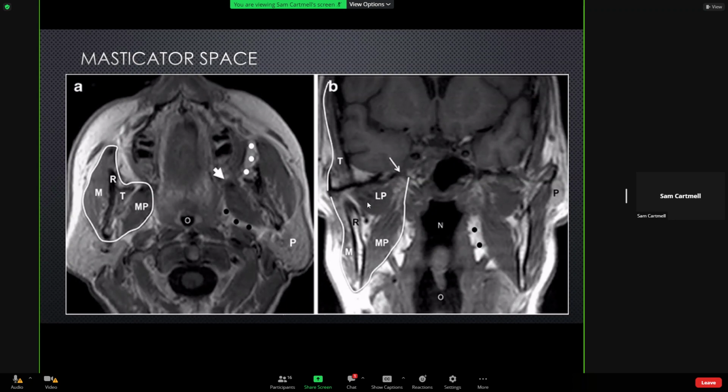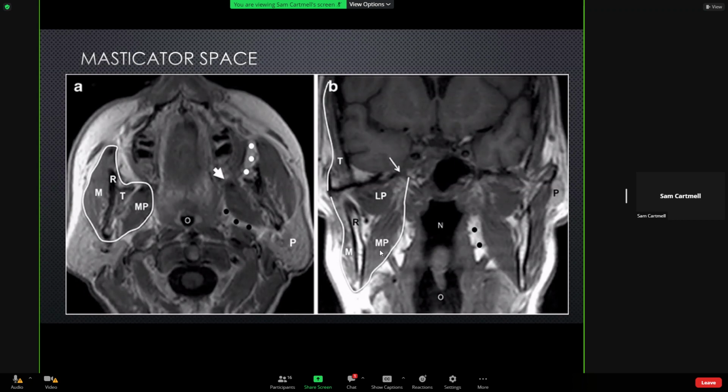So one of the things you have to be concerned about if you have either an infection or a malignancy in the space is that because there's a large skull base foramen here, pathology can track upwards through the nerve, through the foramen, and into the brain, or at least the intracranial compartment. So if you do have something going on in the masticator space, because there's a foramen here, you have to be concerned, and you should scrutinize the skull base carefully.